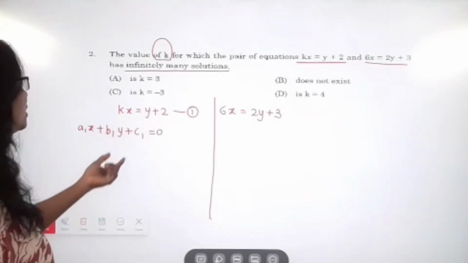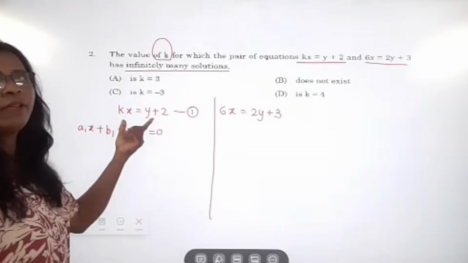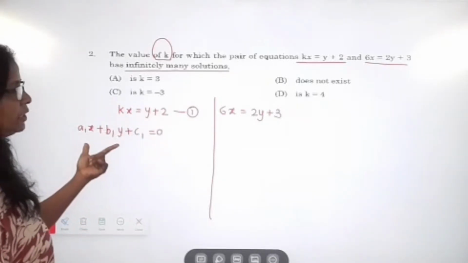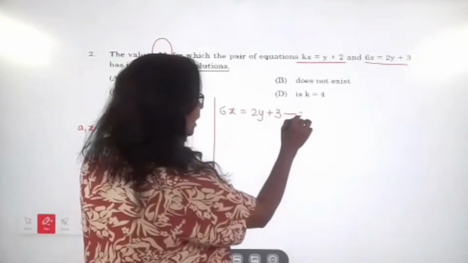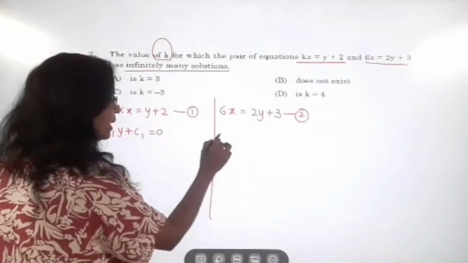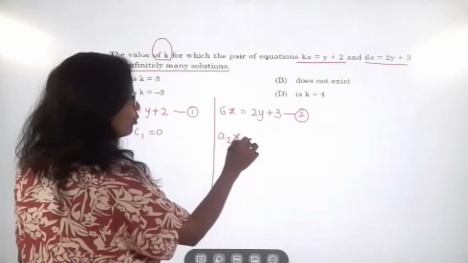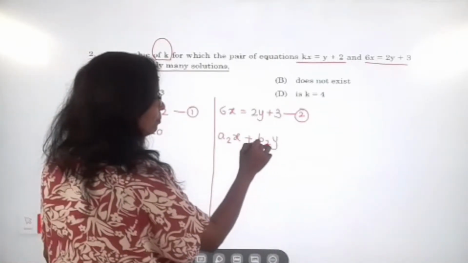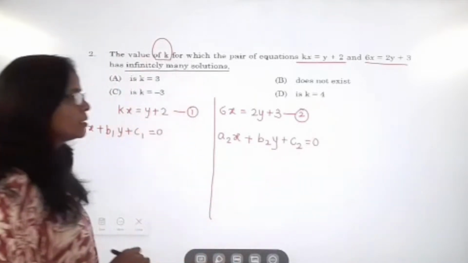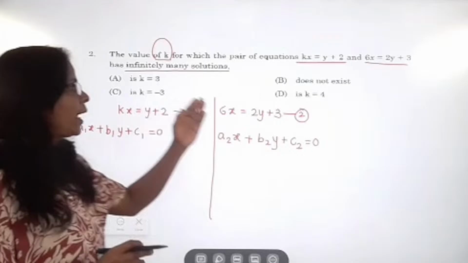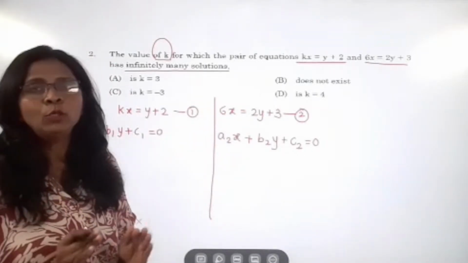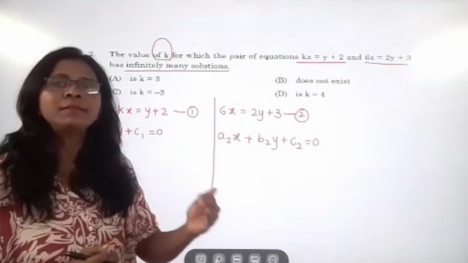So here students, we compare the first equation with this, and the second equation 6x is equal to 2y plus 3 with a2x plus b2y plus c2 is equal to 0. But the equation 1 and the equation 2 are not in the general form, so we have to make their standard form.